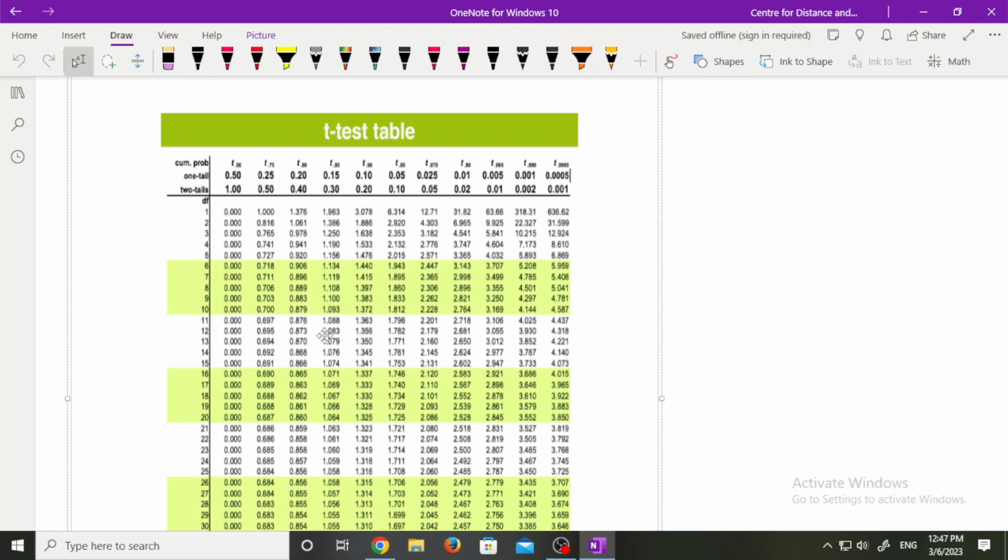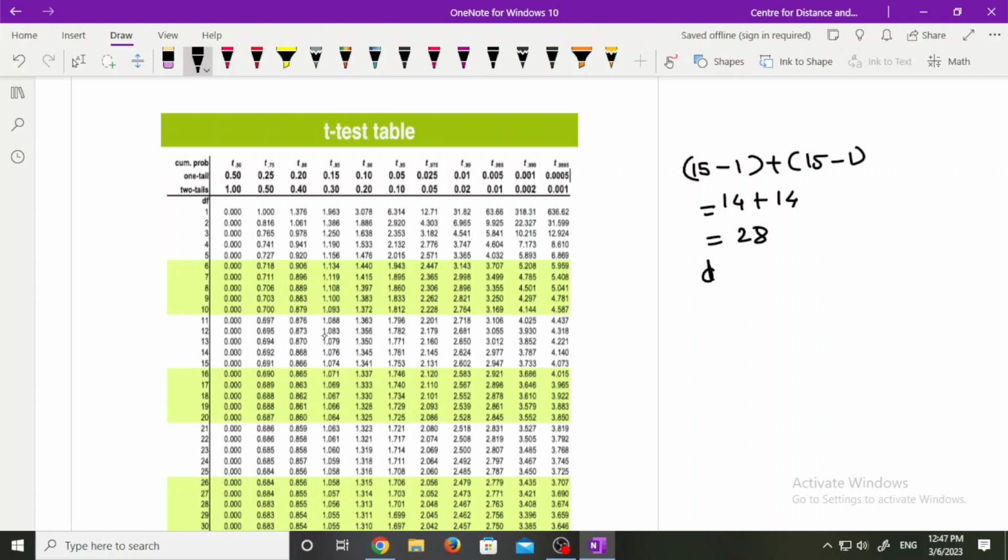Here the number of observations is 15, so degrees of freedom is 15 minus 1 plus 15 minus 1. So 15 minus 1 is 14, plus 14, which is equal to 28. That is, degrees of freedom is 28.